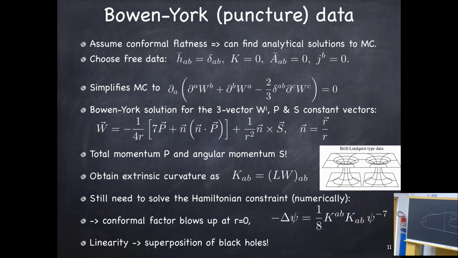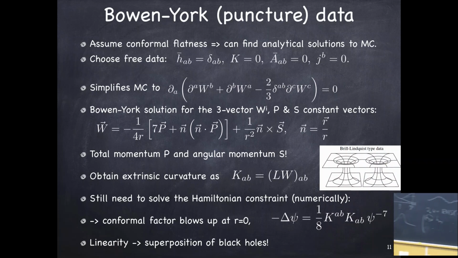Exactly the free parameters that we want to have, they appear in this general solution. Okay? And because it's a linear equation, you make a superposition. Let's say you have 5 of these punctures with 5 values of momentum and spin. And the total momentum is the sum of those, and the total spin is the sum of those. Okay? Very nice.